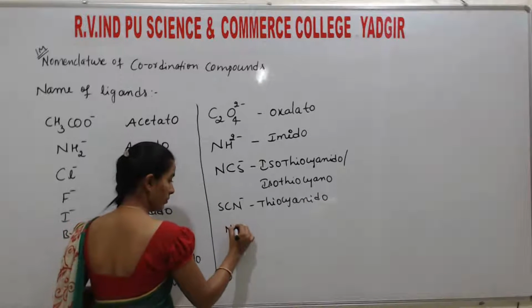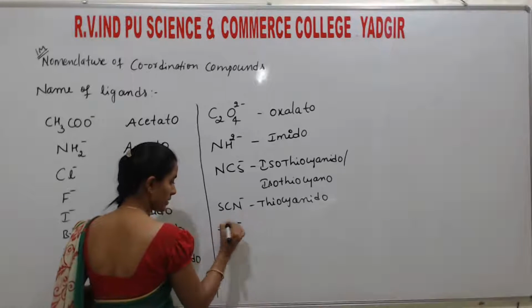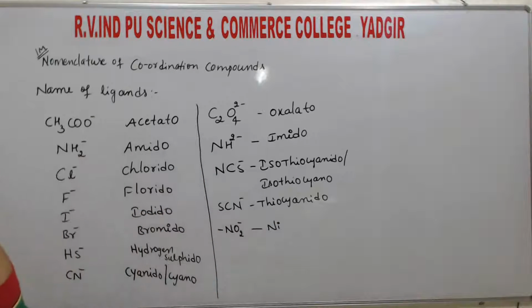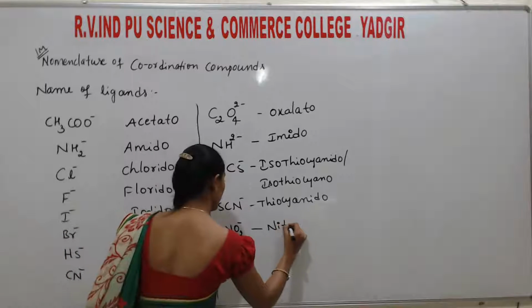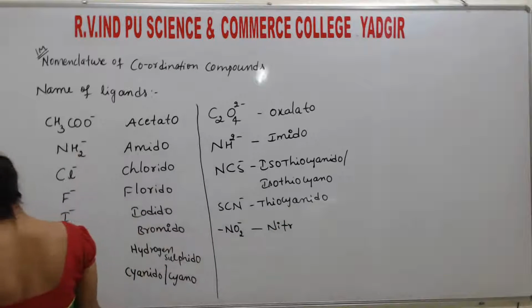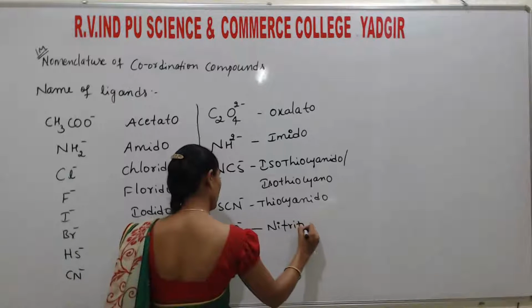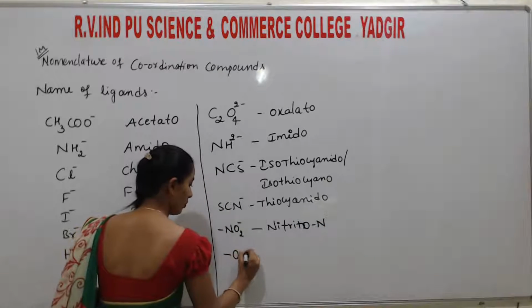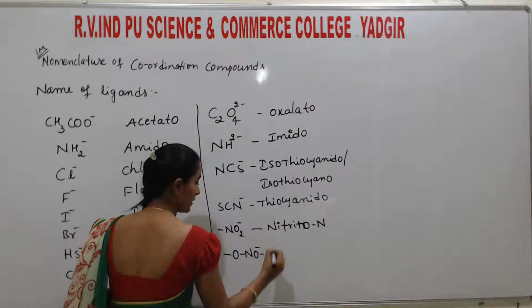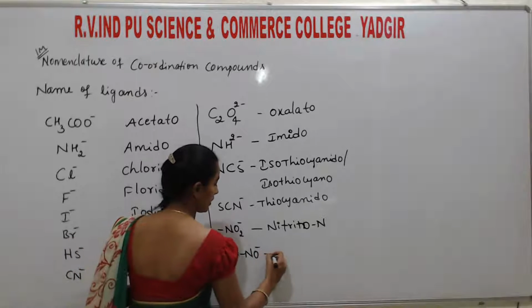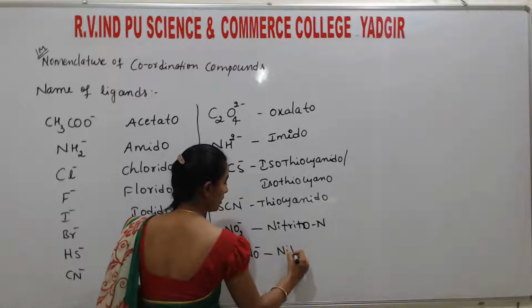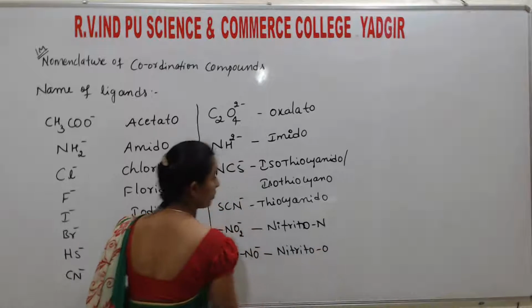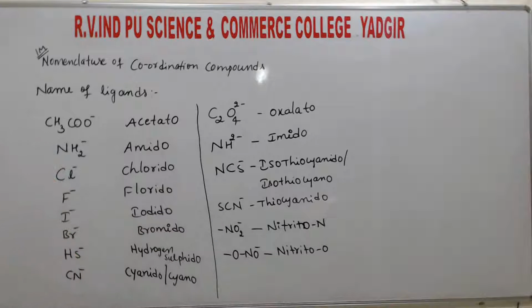Okay, if NO2 minus is there, students, then it is nitrito-N. If ONO minus is there, then it is nitrito-O. So these are the anionic ligands.